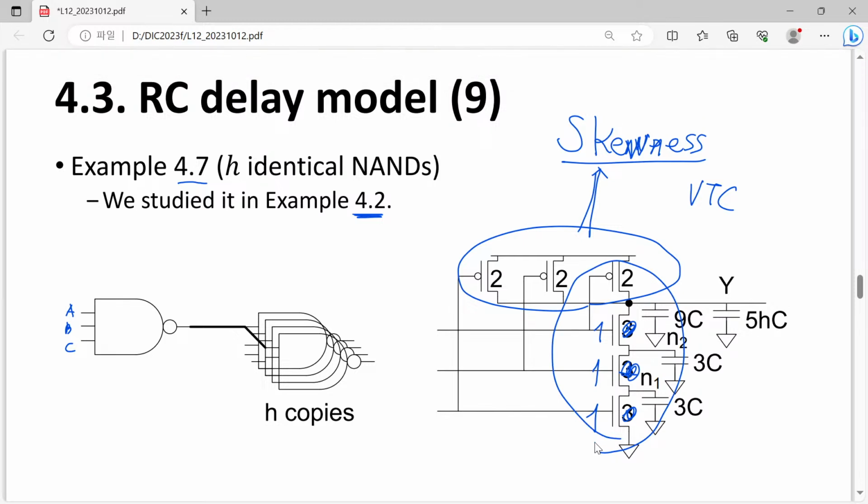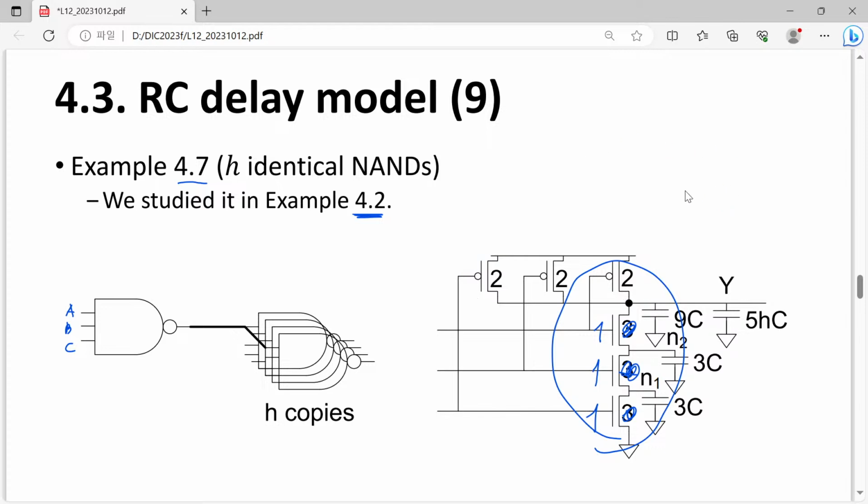Then our voltage transfer curve will be heavily skewed. So this is not a desirable way. That's the reason why we have to introduce this kind of ratio.